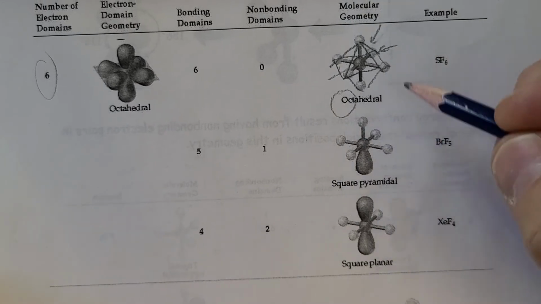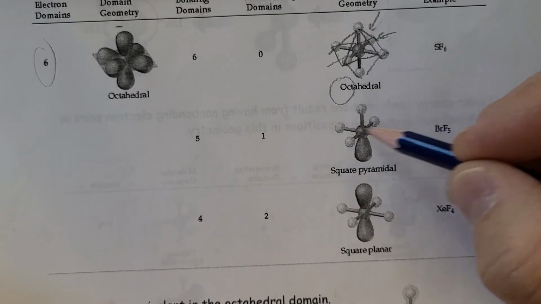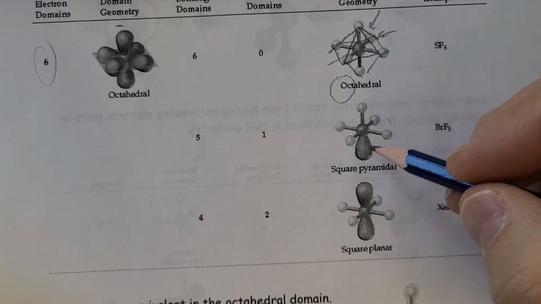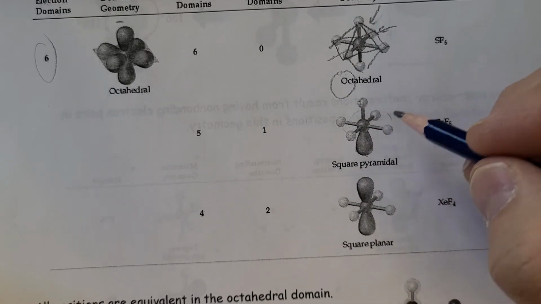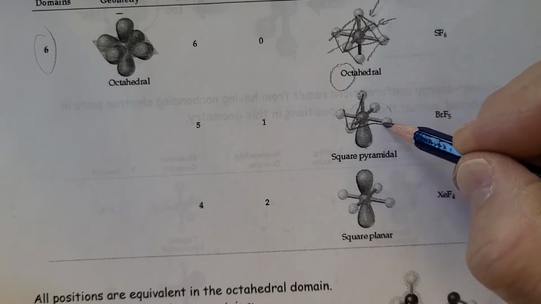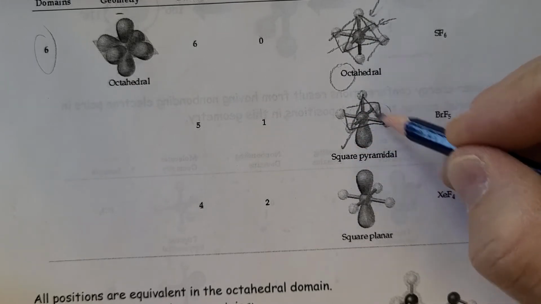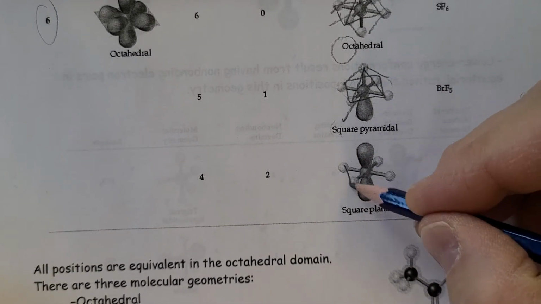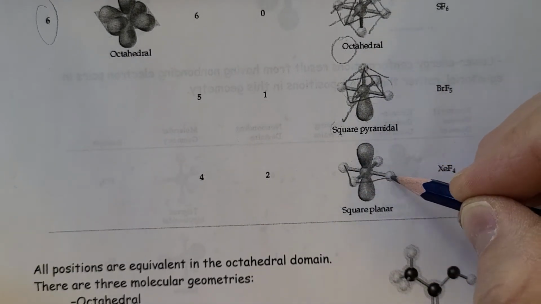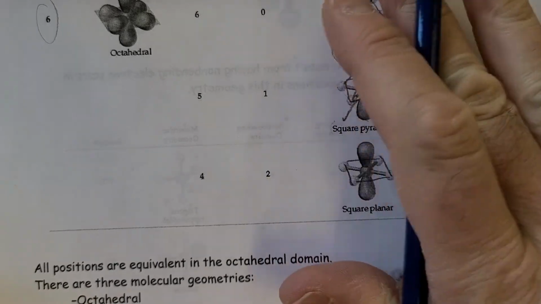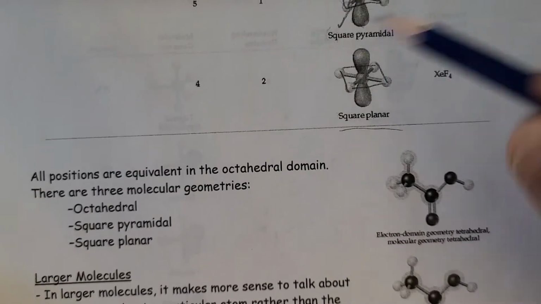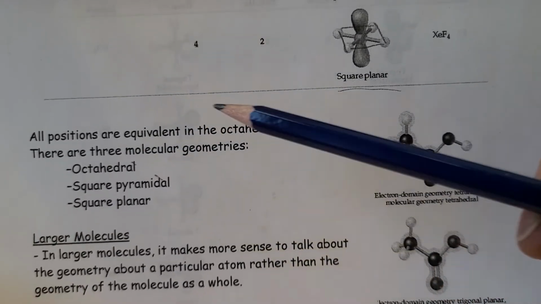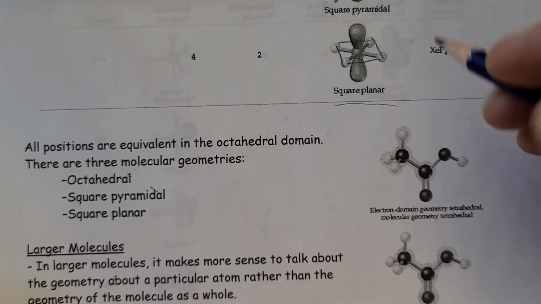Now in this particular structure, as I mentioned with the other one, when atoms are removed, they're removed from the axial position. So here we can see there's a square and a pyramid, square pyramidal, and then over here, remove another one, square, and it's flat, so it's square planar. So all the positions involved with this one: octahedral, square pyramidal, and square planar.